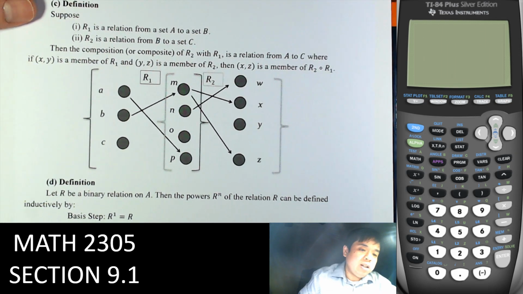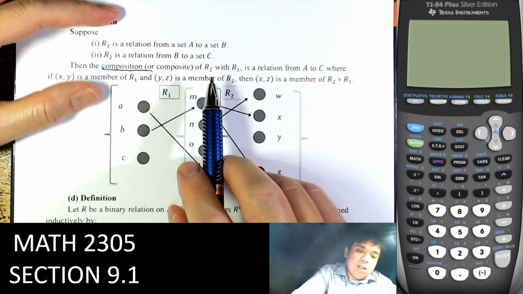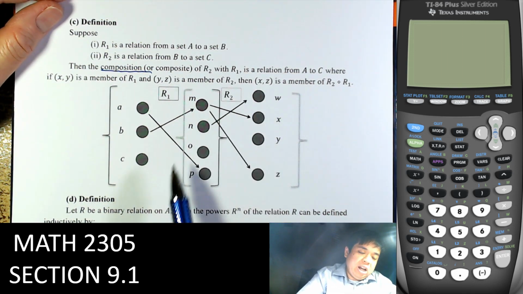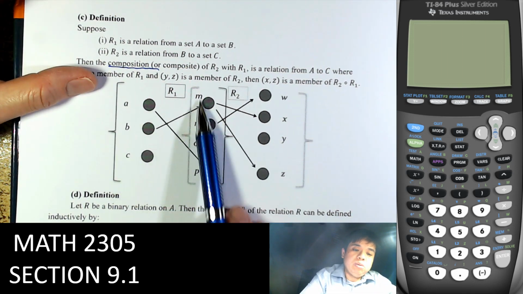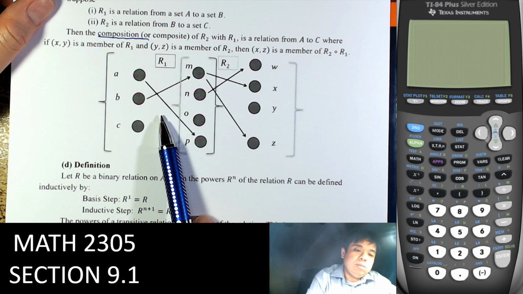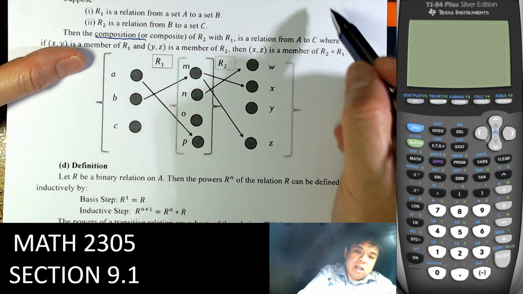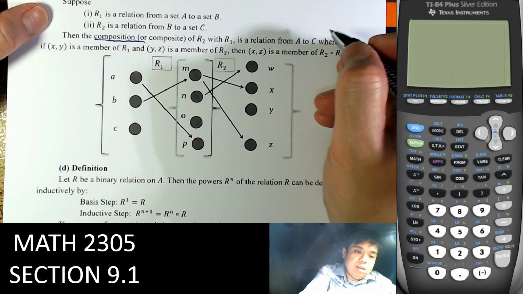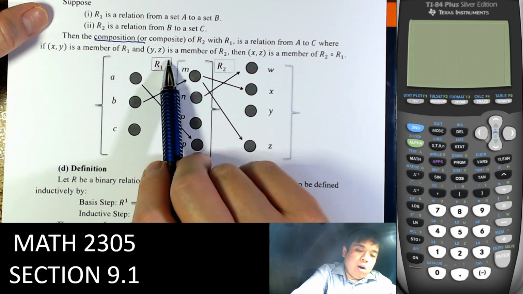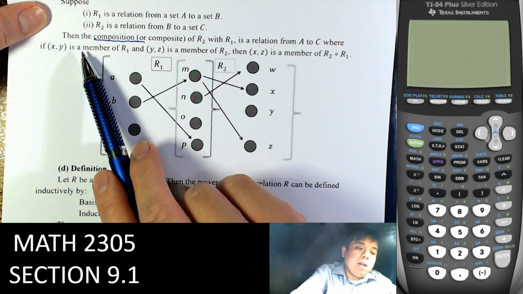Next we define the composition, or the composite, of a relation with a relation. Pretty much we go from R1 to R2. Yeah, so R1 first and then R2. So I think this is backward. Actually, this is correct.